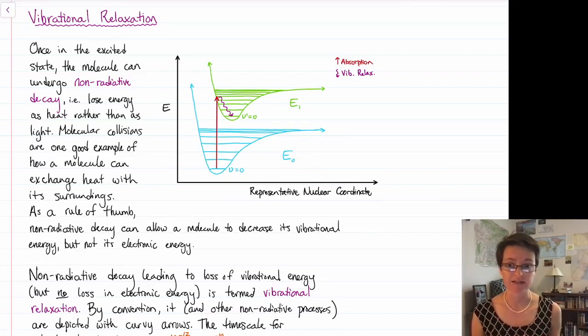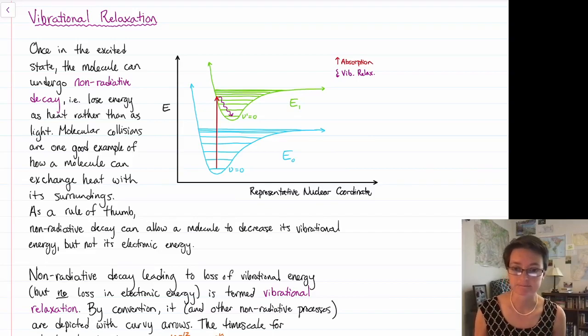How this happens in practice is that the molecule can collide with other nearby molecules, give away some of its vibrational energy to the other molecules, which can then be either rotationally or vibrationally excited. Molecular collisions will eventually help the molecule reach its ground vibrational state within the electronic excited state.